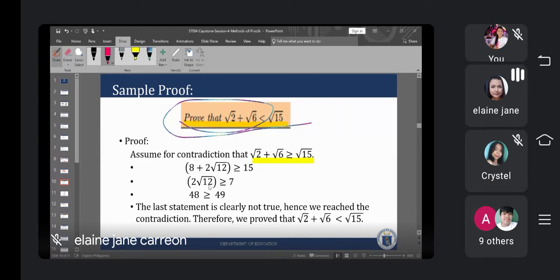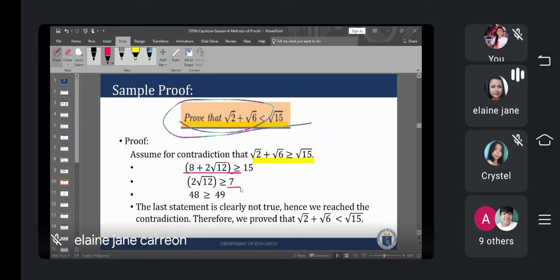Shortcut siya, pero naglagay ako ng solution. So, ang nangyari, tingnan nyo, shortcut na kagad, naging from this one, square root of 2 plus square root of 6 is greater than or equal to square root of 15, naging quantity 8 plus 2 square root of 12 is greater than or equal to 15. Paano nangyari yun, ma'am? And then, from this one, naging 2 square root of 12 is greater than or equal to 7.